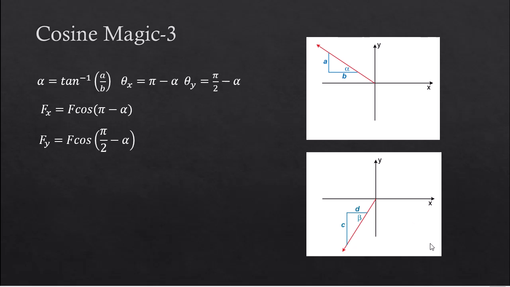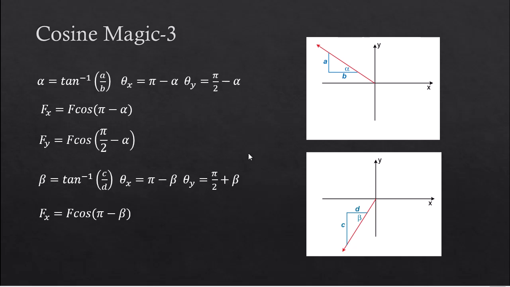And in this situation, what we do is find the angle beta. Now, the angle between the vector and the x-axis is, as you can verify, pi minus beta, measured in a counterclockwise sense, and theta y, the angle between the vector and the positive y-axis, is measured in the clockwise sense.